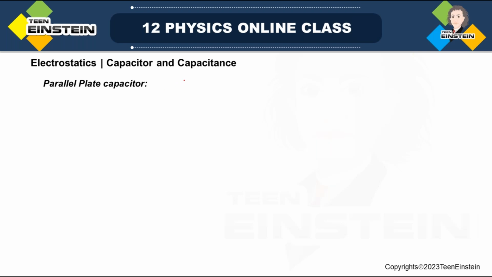Suppose a parallel plate capacitor is partially filled with dielectric material.